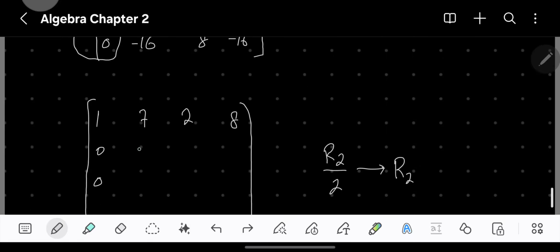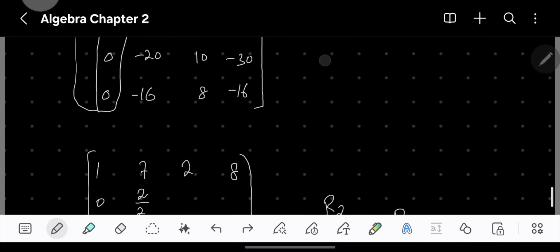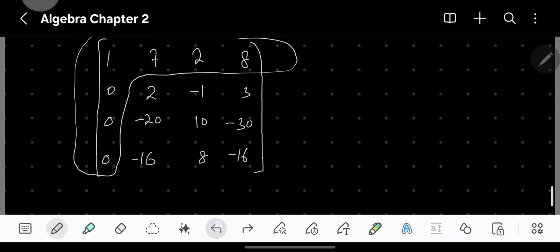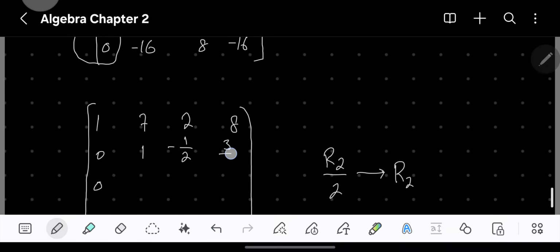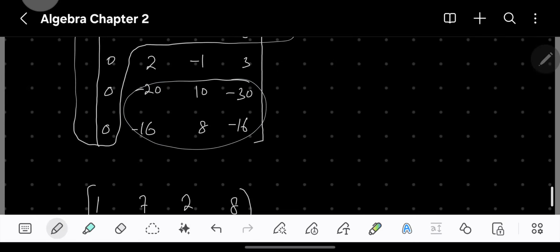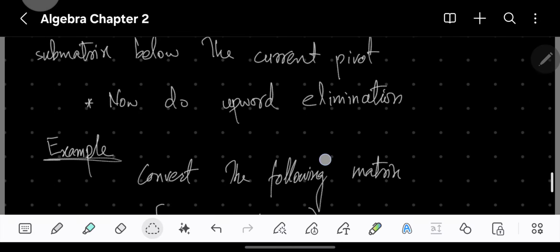Then 2 by 2 is 1, then minus 1 by 2, then minus 1 by 2 and 3 by 2. These 2 rows will be the same; there is no change in them. Perfect. Now go to the next step.